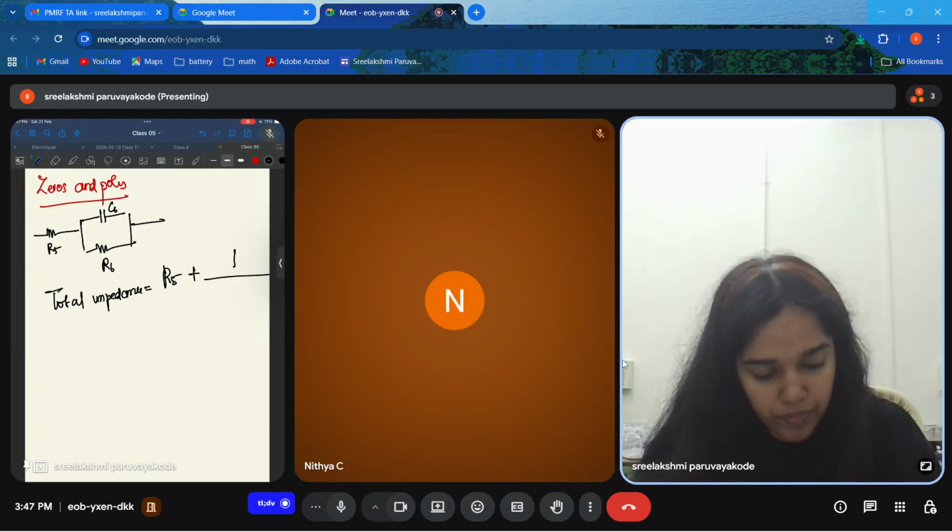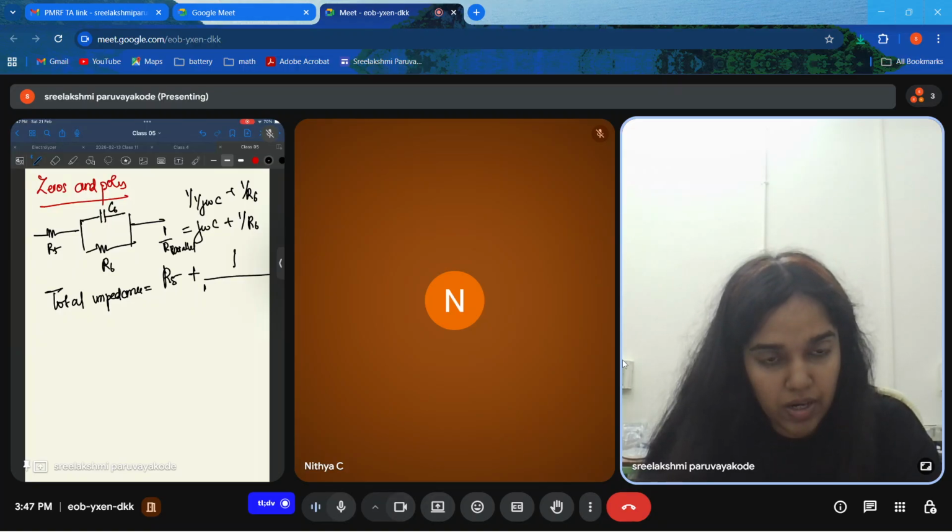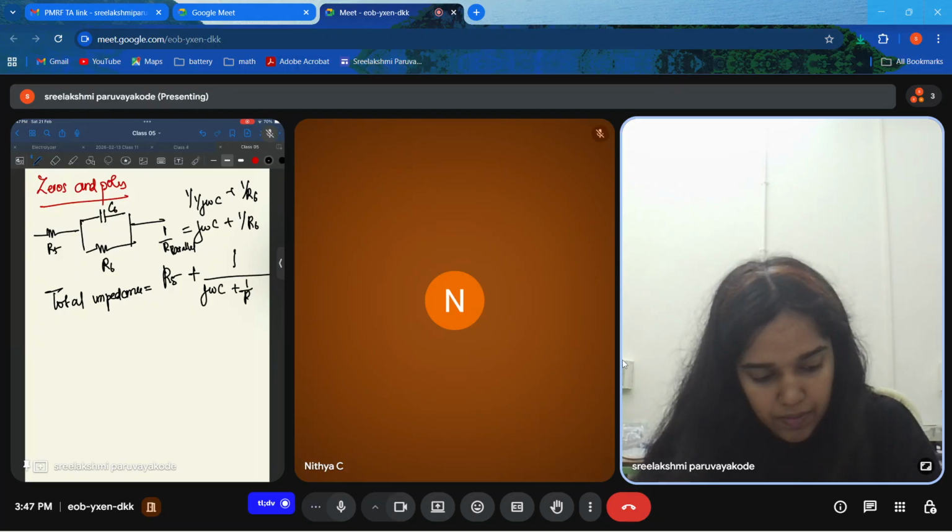So this part was 1 by j omega C plus 1 by R6, and if I take the reciprocal, this becomes 1 by (j omega C plus 1 by R6).